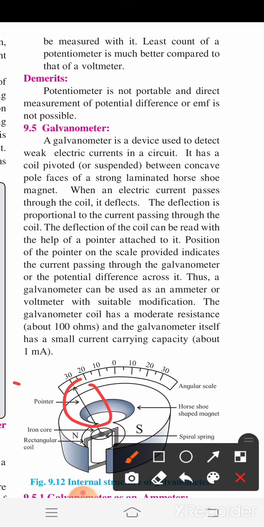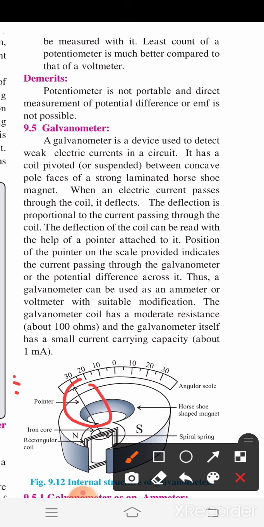Thus, a galvanometer can be used as an ammeter or voltmeter with suitable modifications. When the current passing through the coil is measured using the deflection, it is used as an ammeter, and when the potential difference is measured using that deflection, the instrument is used as a voltmeter.